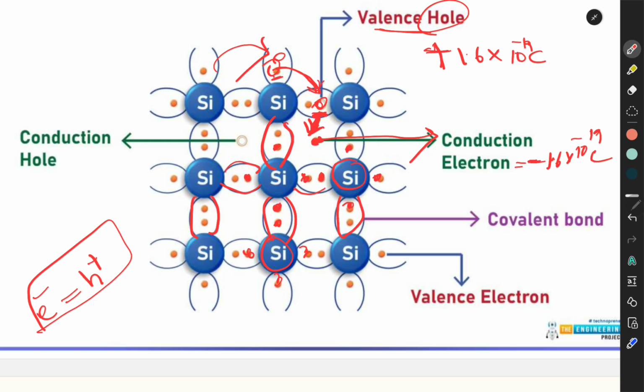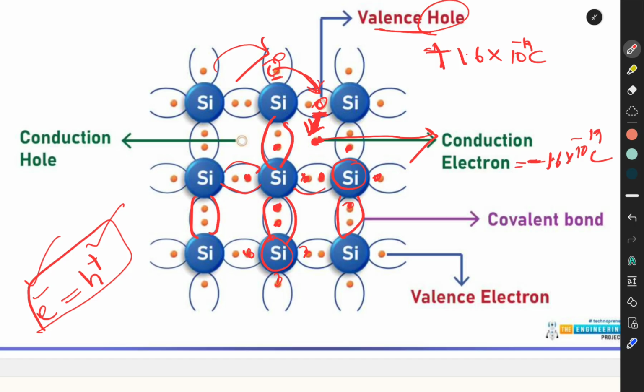So in semiconductors, we get a flow of current due to two types of charges. What are they? Electrons and holes. In conductors, the conductivity is only due to electrons, but in a semiconductor, the conductivity is due to electrons and holes.